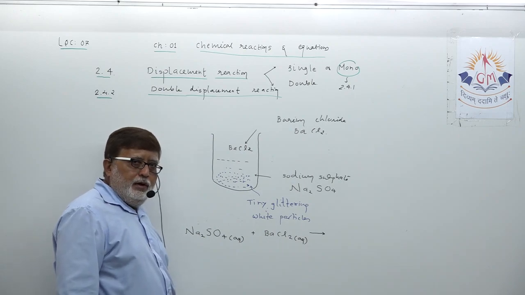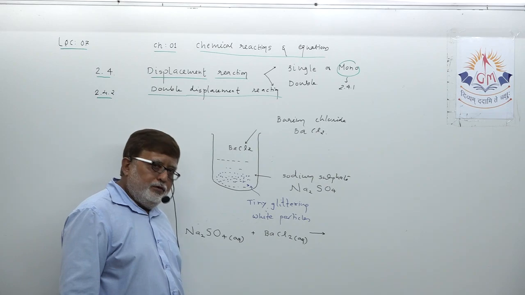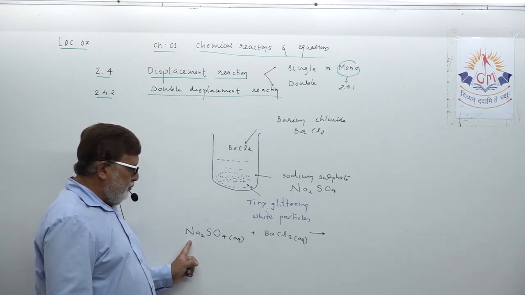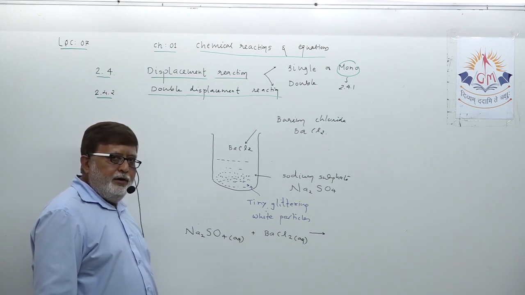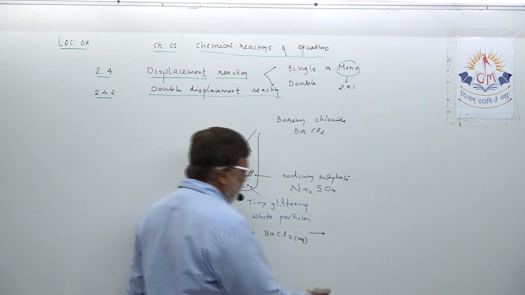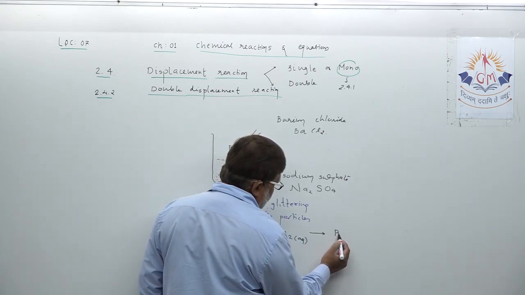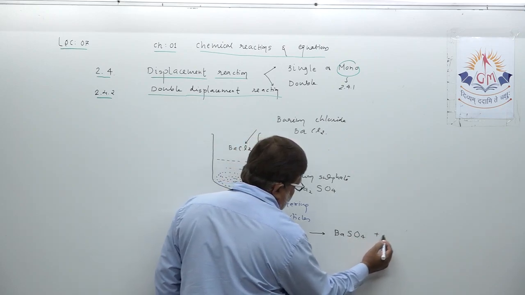Exchange of ion takes place between these two compounds. Understand? Sodium and barium ion are getting exchanged and they form barium sulfate, BaSO4, and sodium chloride.